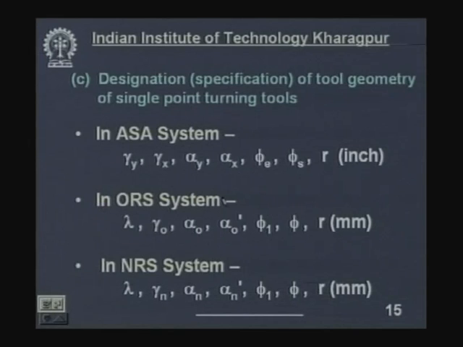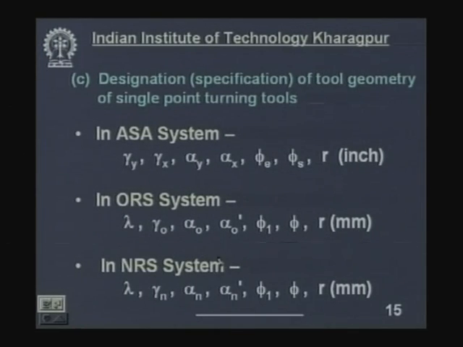But the ORS system starts with lambda, inclination angle, orthogonal rake, orthogonal clearance, auxiliary orthogonal clearance, auxiliary cutting edge angle, principal cutting edge angle, nose radius expressed in millimeter.